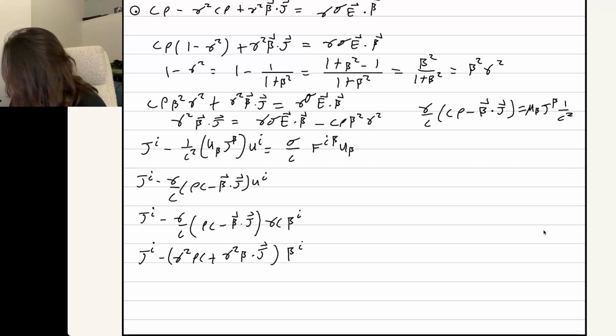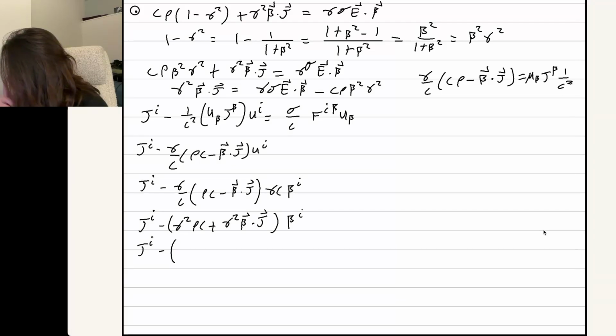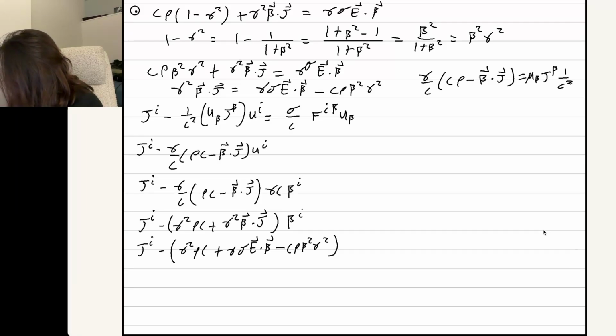And we happen to know what gamma squared beta dot j is. So we're going to plug that result in there. So we're going to have gamma squared rho c plus gamma sigma E dot beta minus c rho beta squared gamma squared. And this is the i component of beta right there.